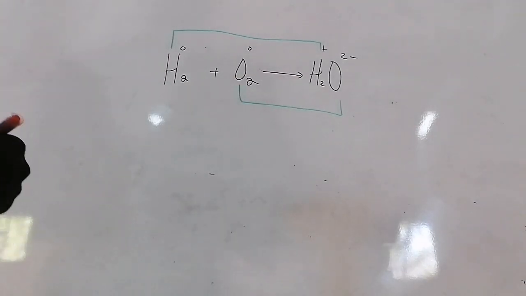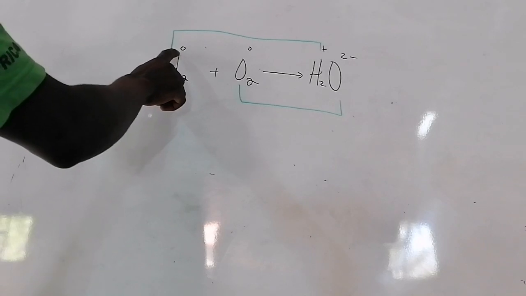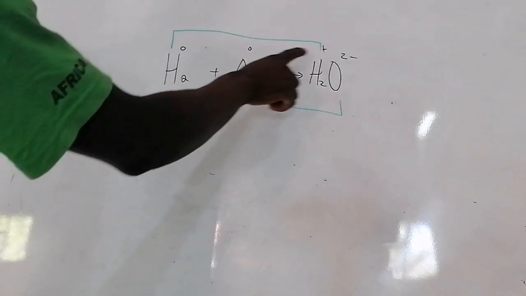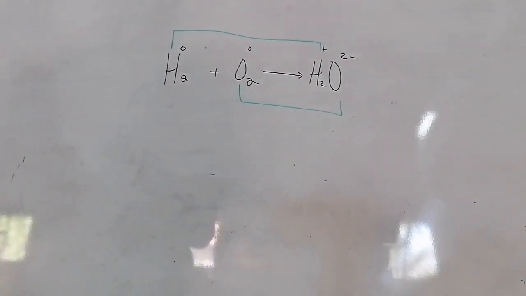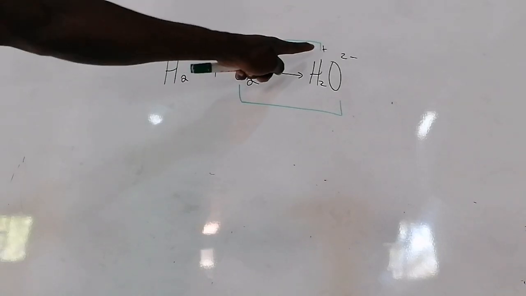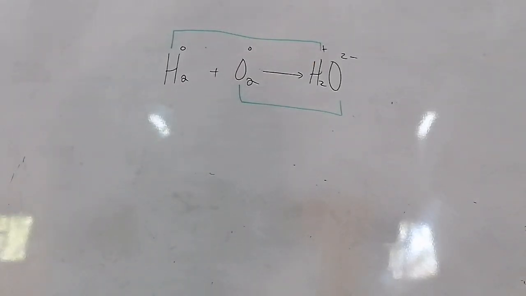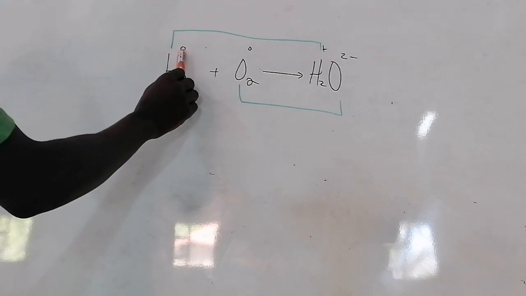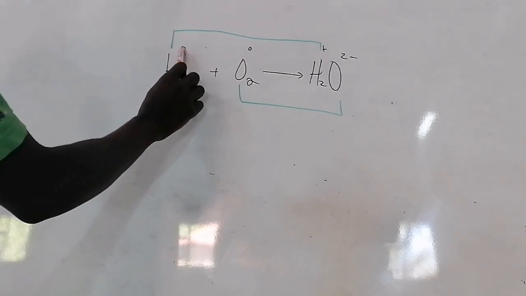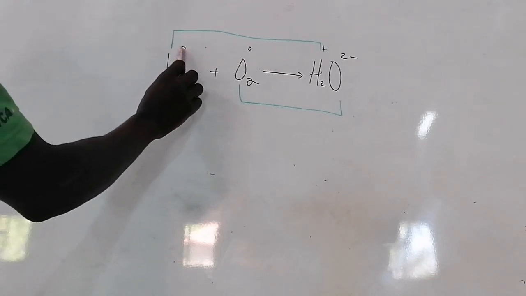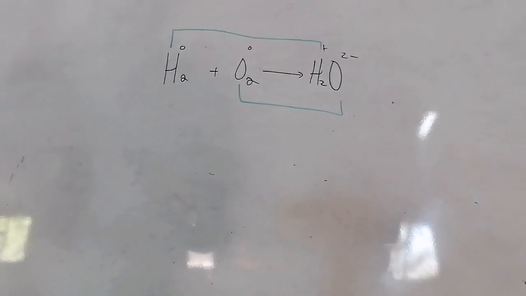When you check, you can see the electrons go from 0 to 1, the electrons increased, right? From 0 to 1. I don't know if you understand that. So what does that mean? It means that the oxidation number of hydrogen increased from 0 to +1. I don't know if you understand that.